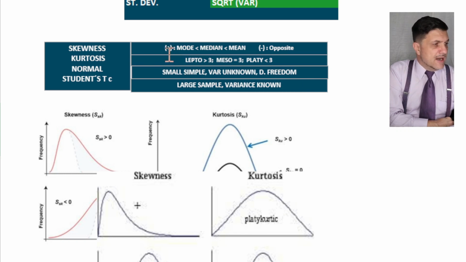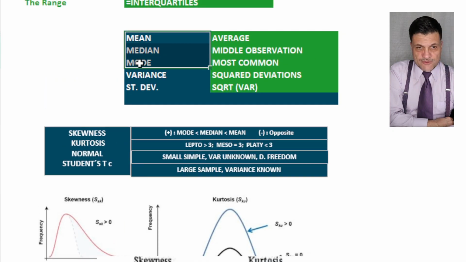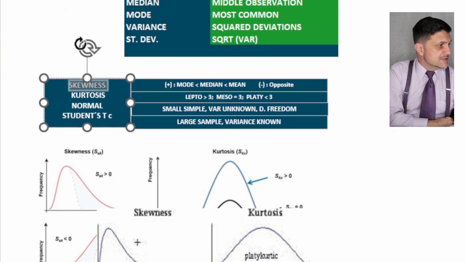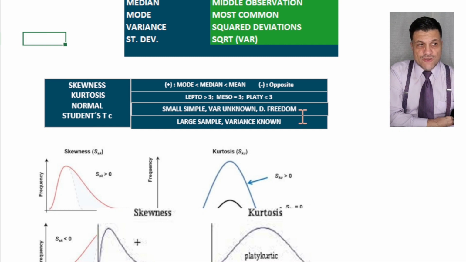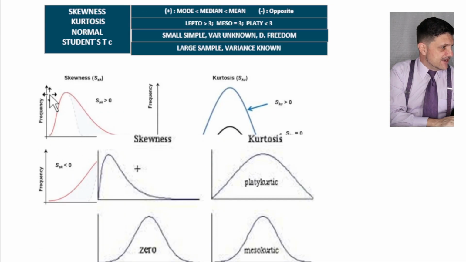In the normal scenario, the mean, the median, and the mode are at the same position in a normal distribution. But if there is skewness, it means that the distribution is not centered in the middle. Okay, this is an example of skewness right here. You can see that, right?